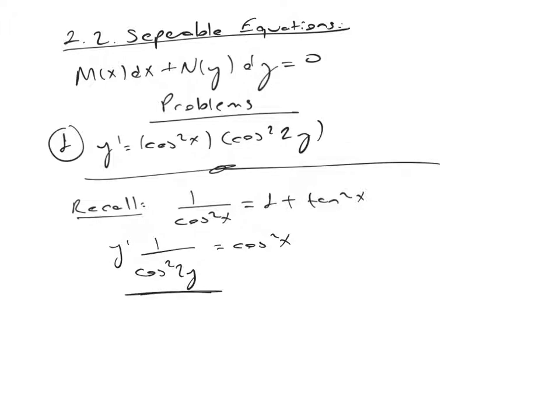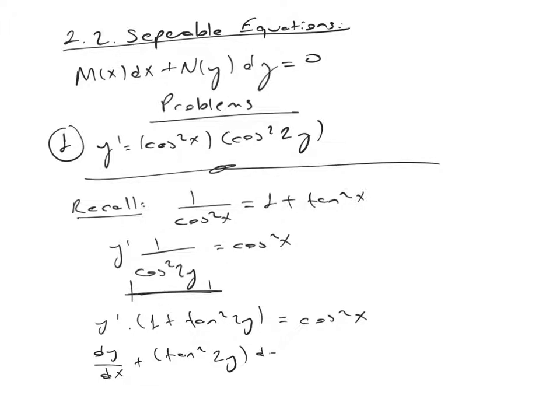And we can write this term as y prime times 1 plus tangent square 2y is equal to cosine square x. If we write the left hand side in open form, we get dy over dx plus tangent square 2y times dy over dx is equal to cosine square x.